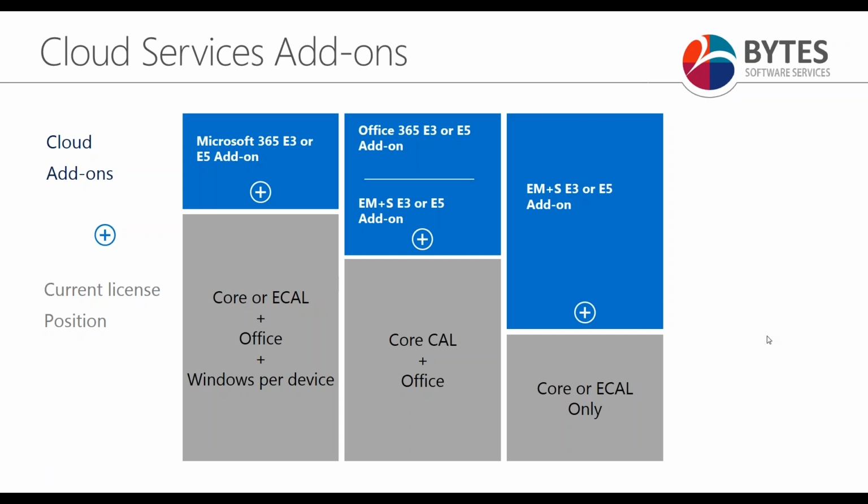If you have Core CAL and Office with software assurance, you can have EMS or Office 365 add-on. And if you have Core CAL, Office, and Windows per device, you can have a Microsoft 365 E3 or E5 add-on, which will give you a huge discount compared to the full SKU because you're already paying with on-premises solution.